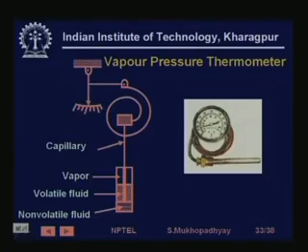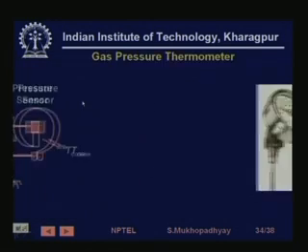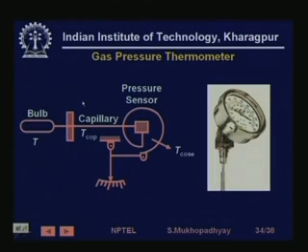Similarly, you can have gas expansion and vapor expansion thermometers. This relies on the fact that the vapor pressure of a liquid depends on the temperature. This pressure is sensed by a pressure sensing device. In this case, we have shown a capillary and then a Bourdon gauge kind of thing. As this vapor pressure increases, this spring will turn, and that will create an indication.